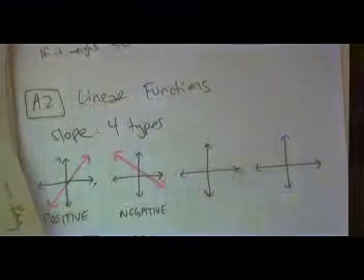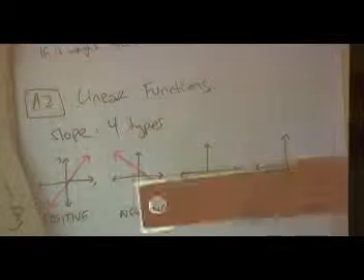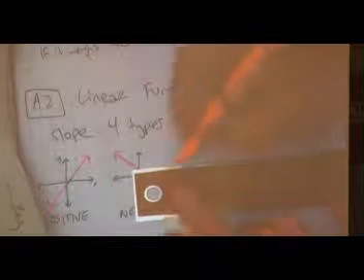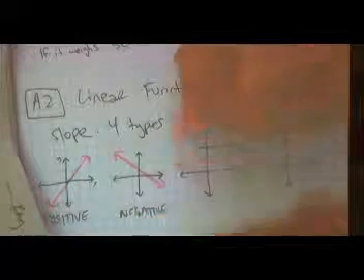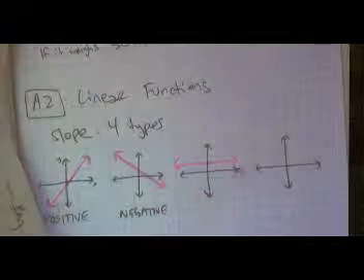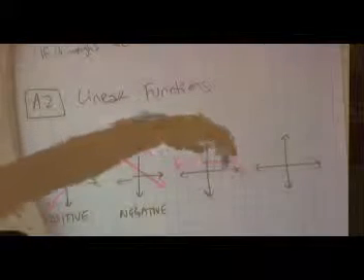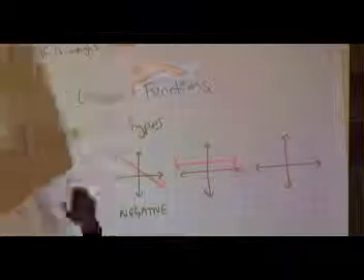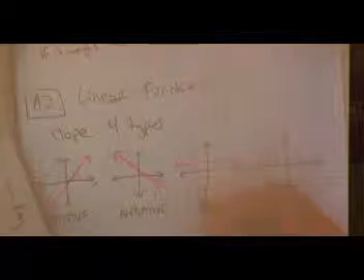And now we have those 2 other options. One is if you have a straight horizontal line. As you were walking across this, you would neither go up nor down. And if you don't go up or down, you have a 0 slope.